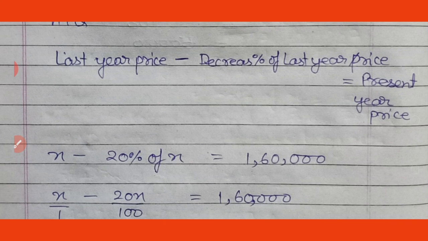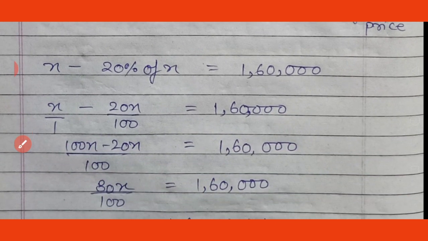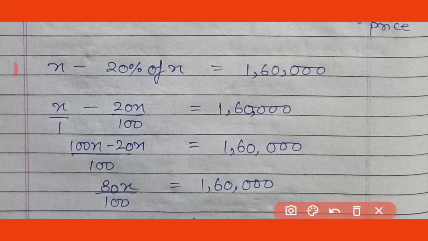First method I am going to use, but in which there was an increased percentage, so I have written the last year population plus increased percentage of the last year population. But here it is given decreased percentage of last year price because it was minus, and here x minus 20% of x is equal to 1,60,000. So 20% will be changed into 20 upon 100, so it became x upon 1 minus 20x upon 100.